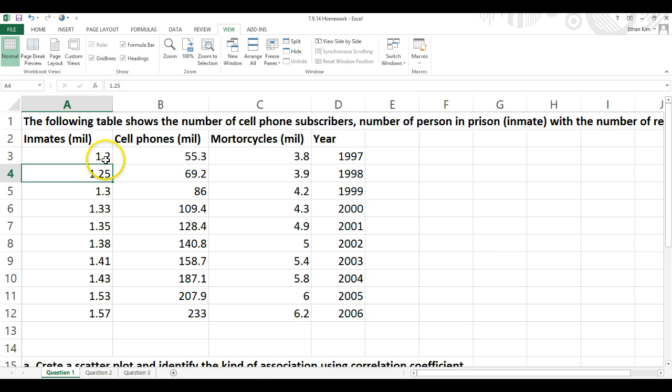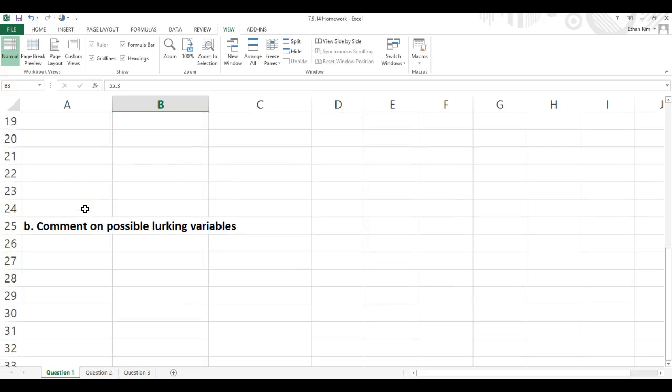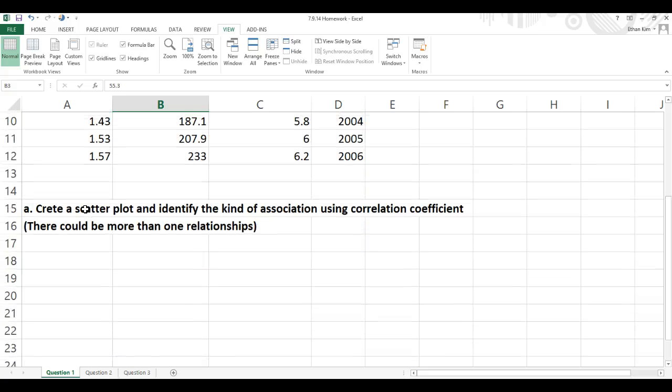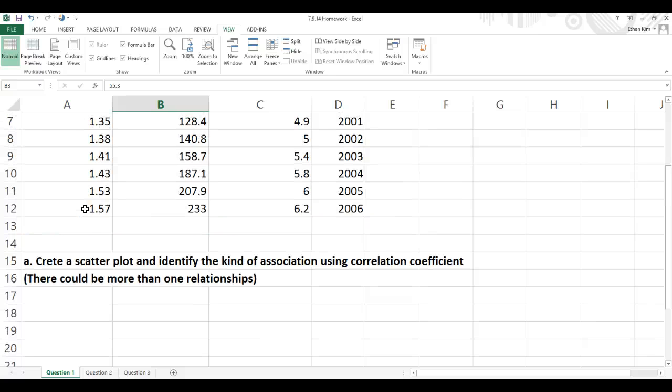So this is 1.2 million, and these numbers are cell phone subscribers. So people with cell phones pretty much, and you have more motorcycles registered, right? And these are all in millions, and you don't have to really worry about the units because these are all in the same units. And you're supposed to create a scatter plot and identify the kind of association using the correlation coefficient, right?